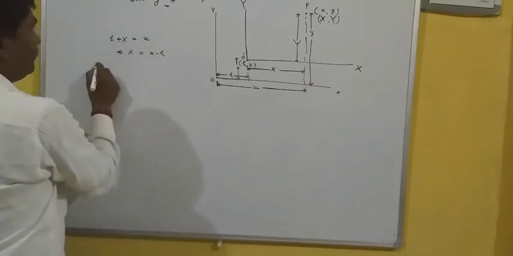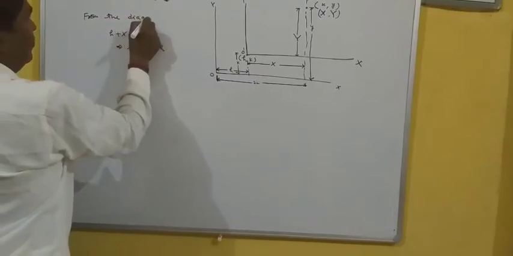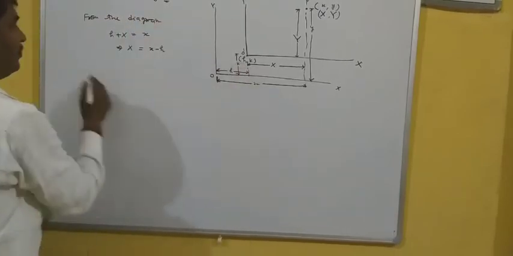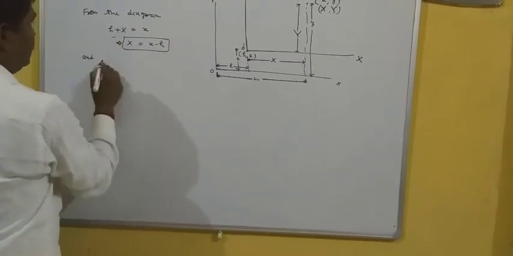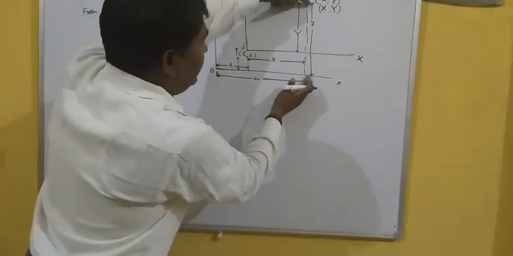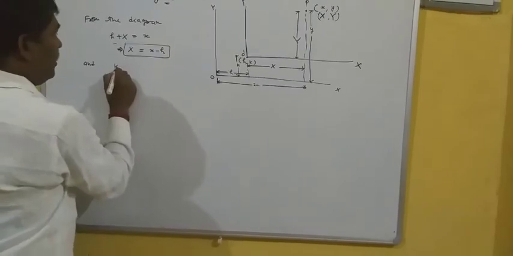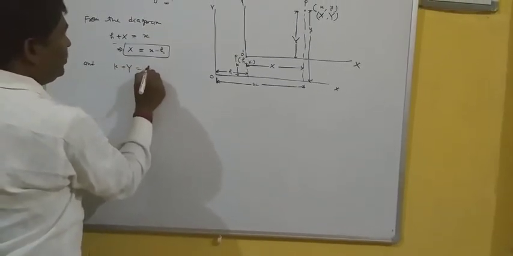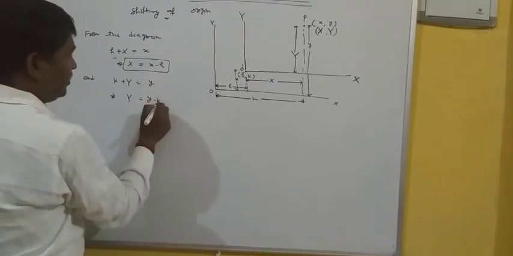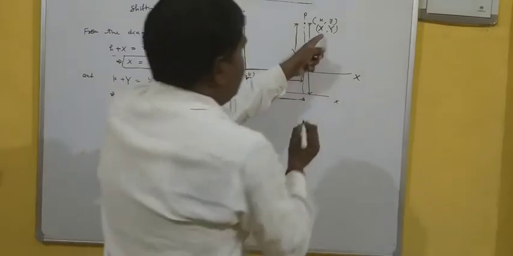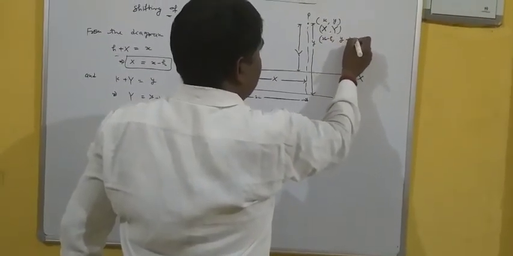Similarly, small y is equal to capital Y plus k, so capital Y should be y minus k. Therefore, its new coordinates should be small x minus h and small y minus k.